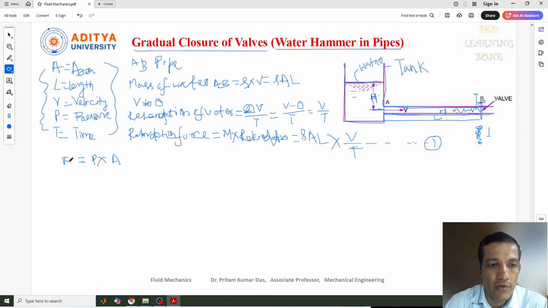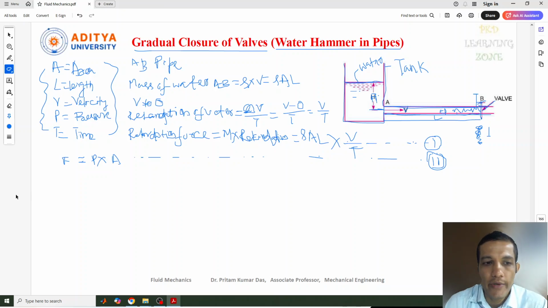Force due to the pressure wave equals intensity of pressure into area. This we give as equation 2. Try to understand how this force came here. One is the retardation force, another is the force due to the wave formed here. Because we know that pressure P equals force by area, the force created here is P into area.